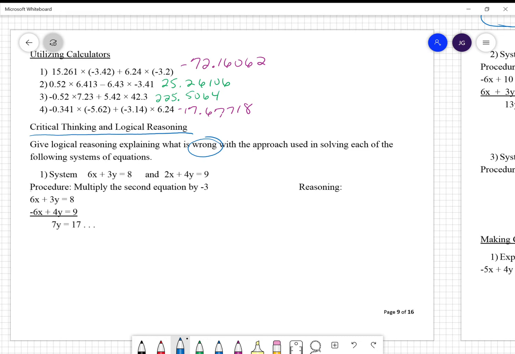The procedure they're using: multiply the second equation by negative 3, and the first equation's written. When they multiply the second equation by negative 3, they got negative 6x plus 4y equals 9, and the x is canceled. What's the mistake?